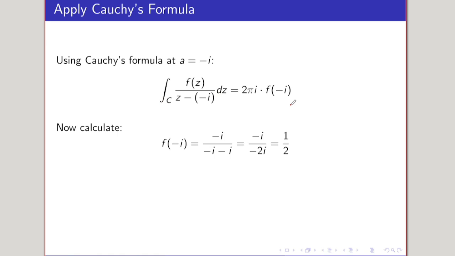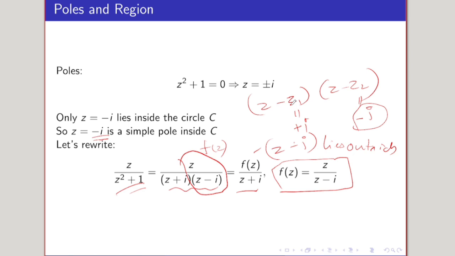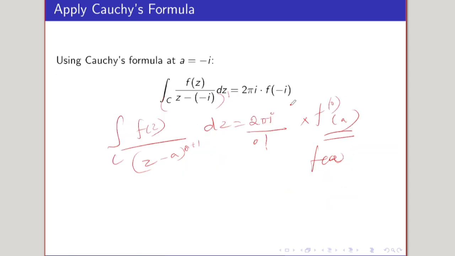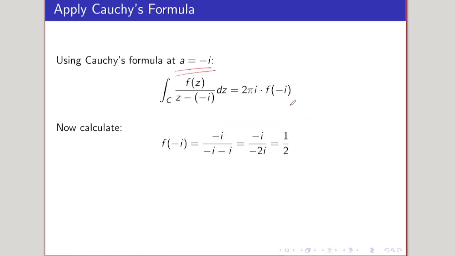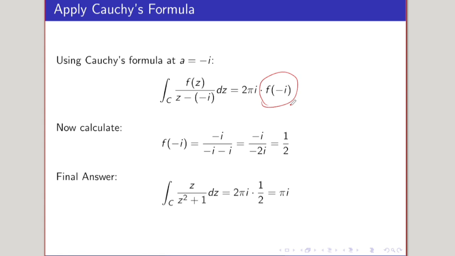Okay. So a will be minus i. You already derived f of z here, z by z minus i. You just substitute the value of a equal to minus i. Then at last you will get 1 by 2, and then you have to multiply the value. f of minus i is 1 by 2, so you just multiply here to get the final value pi i.